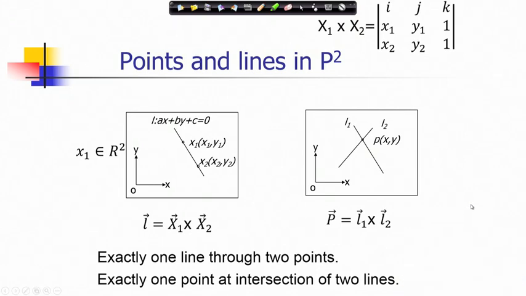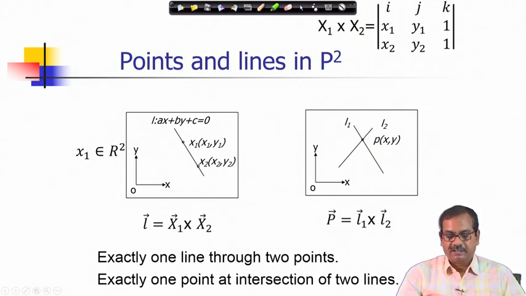So, this is a summary: exactly one line passes through 2 points, and exactly one point lies at the intersection of 2 lines, and their relationships in projective space are quite similar. A straight line can be expressed as the cross product of 2 points in the projective space, and a point can be expressed as the cross product of 2 straight lines. Again, all representations are in the projective space.